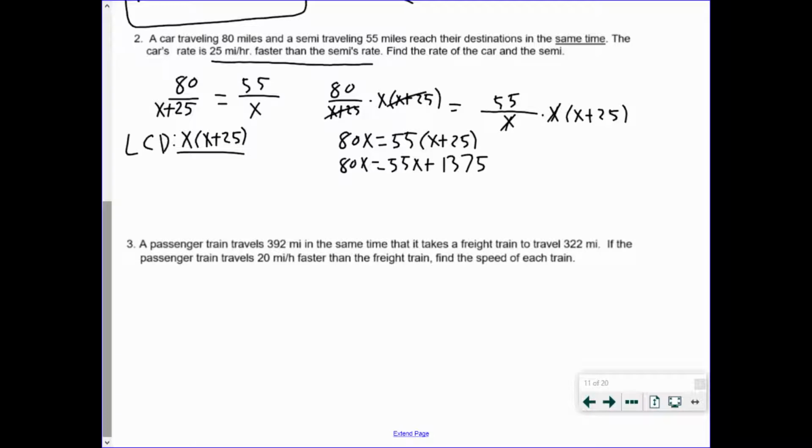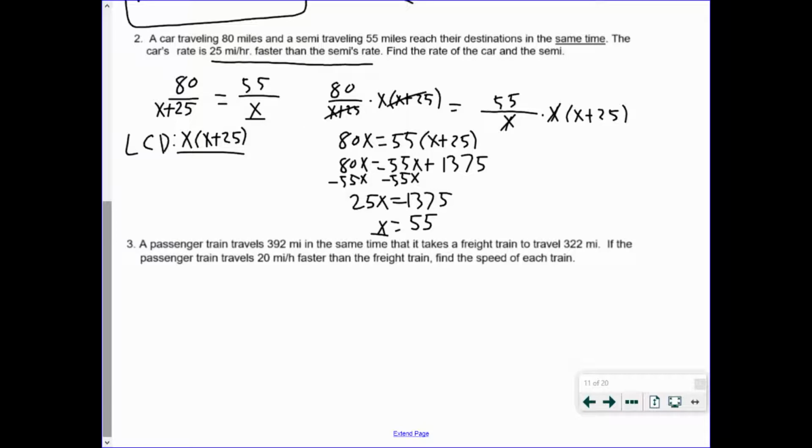All right. So now we're going to add our x's together and solve for x. Minus 55x on both sides, and we get that 25x equals 1375, or that x equals 55. 1375 divided by 25 is 55. And we said that our x value is equal to the semi's rate.